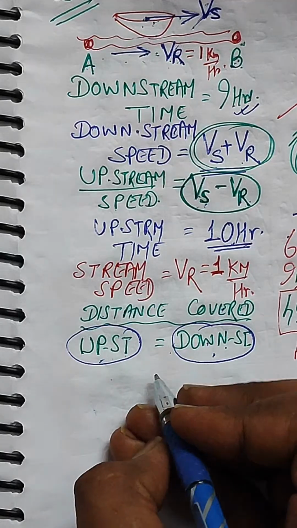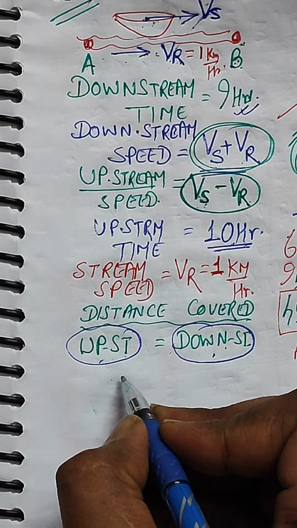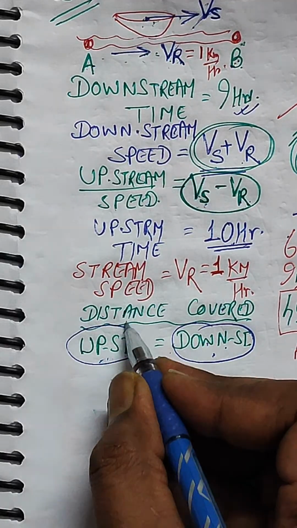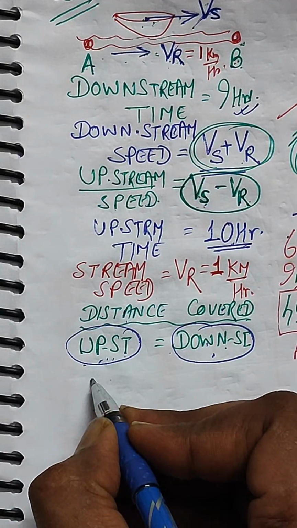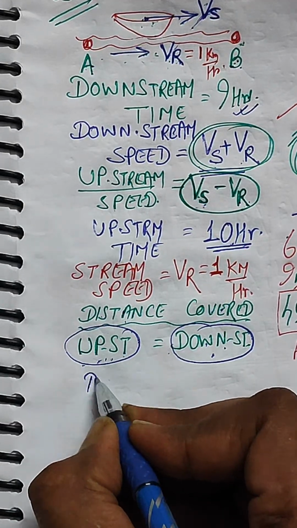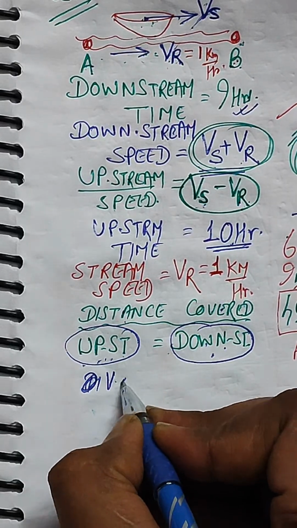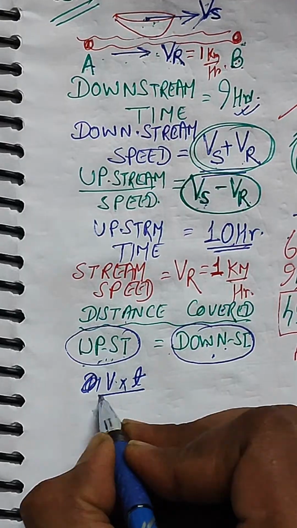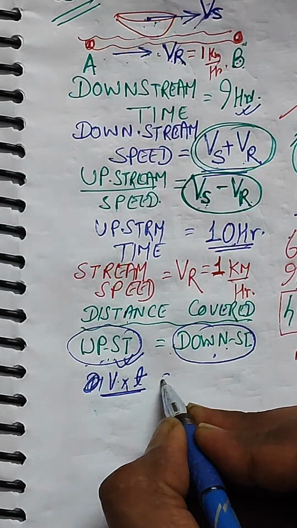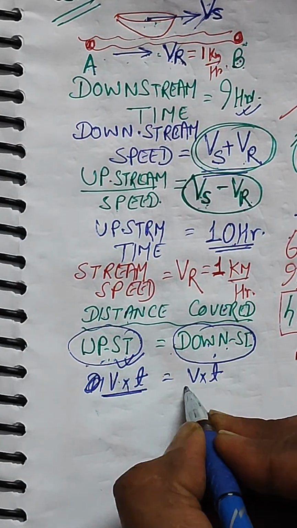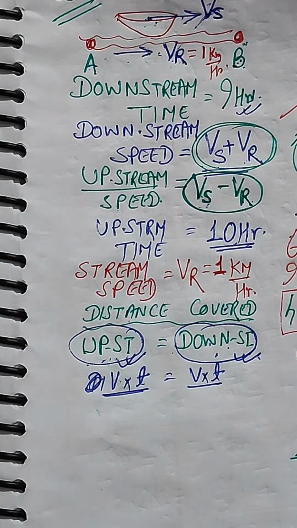And by the formula speed equal to distance by time, we can write the distance upstream or downstream as velocity into time, V into T. So V into T upstream should be equal to V into T downstream, right?